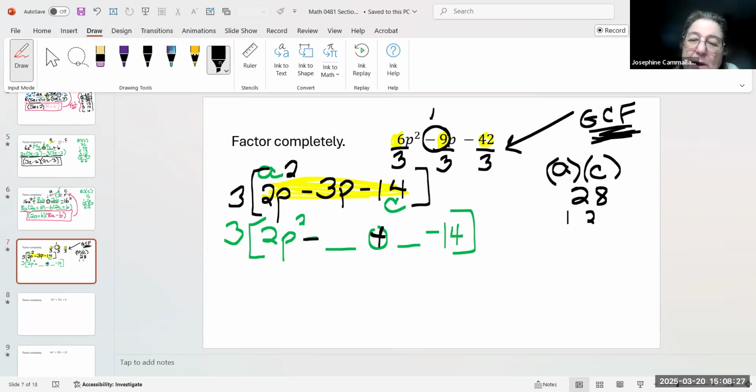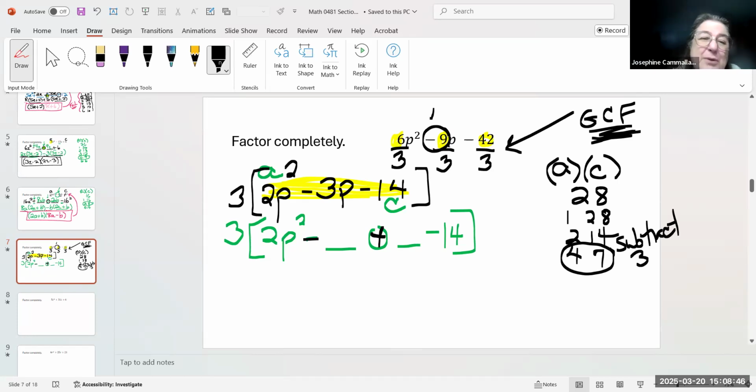Well, this is 1 and 28, 2 and 14, and I have a 4 and a 7. 4 and 7, subtract to give me 3. But remember, the 7p must sit on the first blank.